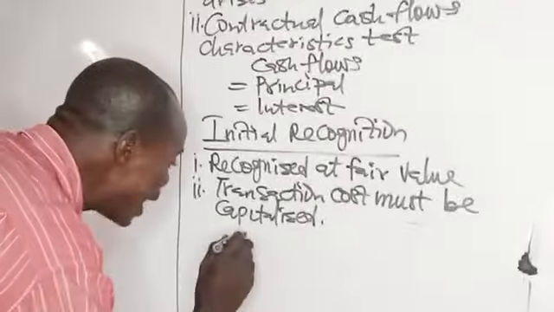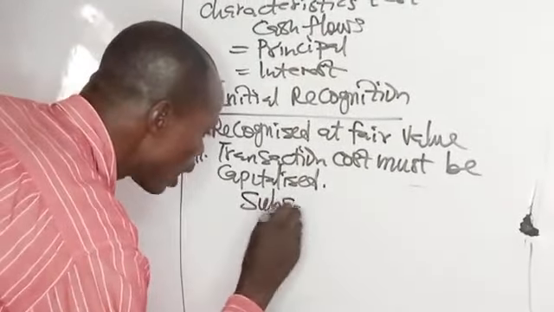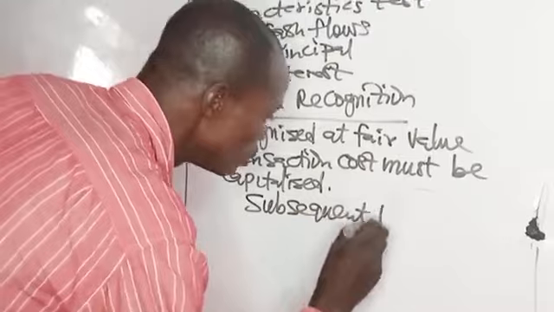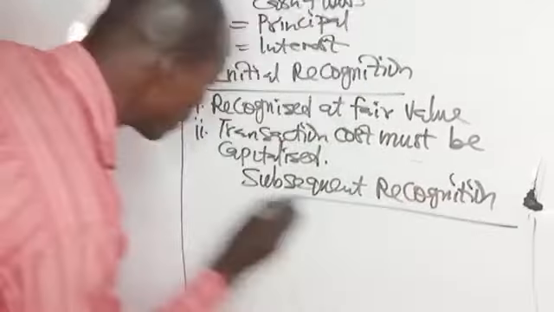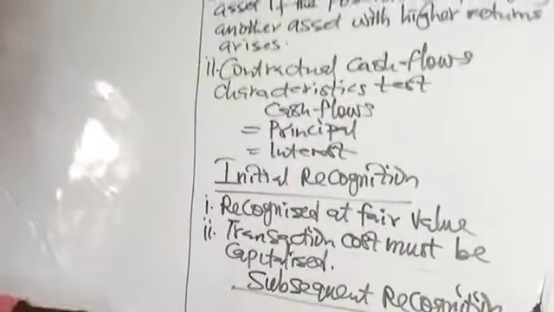Then subsequent recognition. That is, at the reporting date, you want to recognize the financial asset.